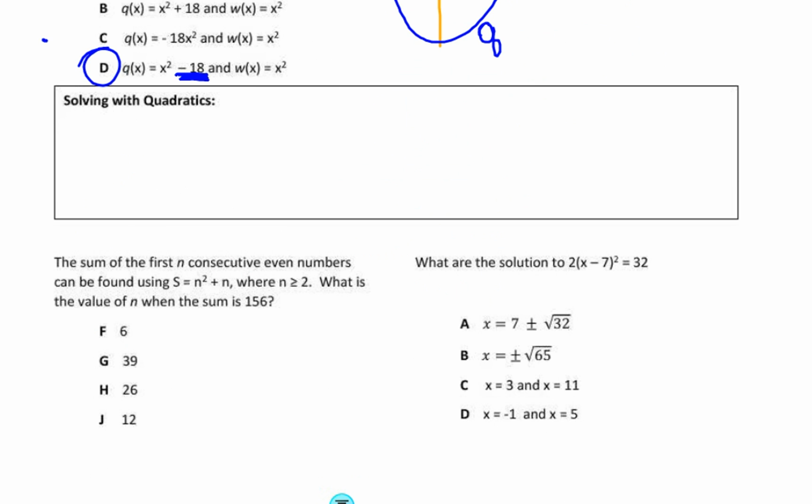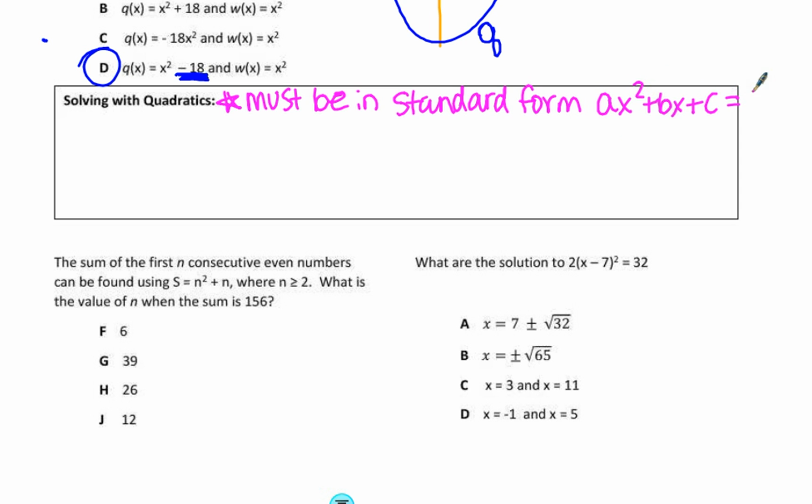All right, and then solving with quadratics. The biggest, most important rule here is that it must be in standard form, but it doesn't always necessarily look like standard form, which is ax squared plus bx plus c equals 0.